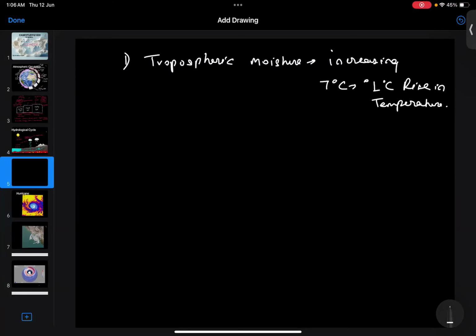Okay, this is one of the models provided by Clausius-Clapeyron, who is providing this contemporary aspect with respect to the water cycle.